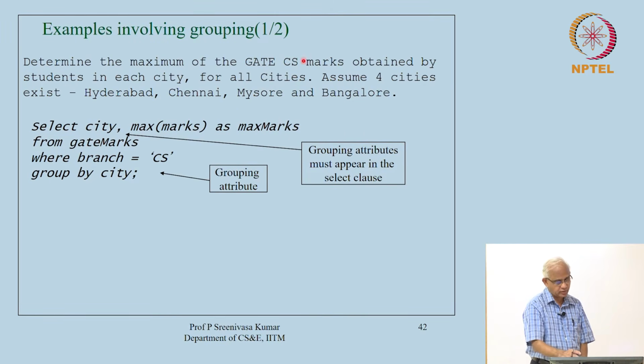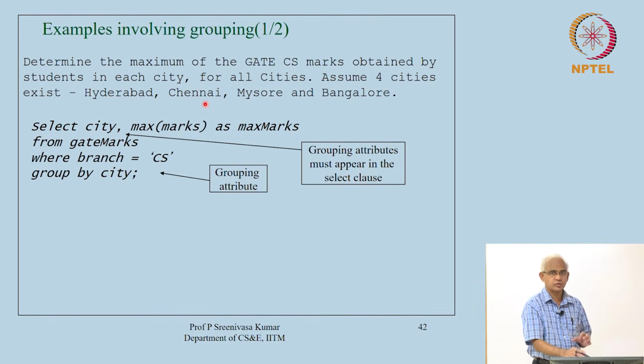Okay, so what does it mean now? How do we proceed here? So, we have the same GATE marks. Now, we want to group the tuples along the city value, and there are 4 distinct city values, so all the tuples that have the same city value Hyderabad will be one group. All the tuples that have Chennai as the city value will be one group, etc.